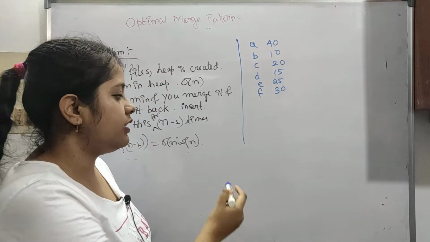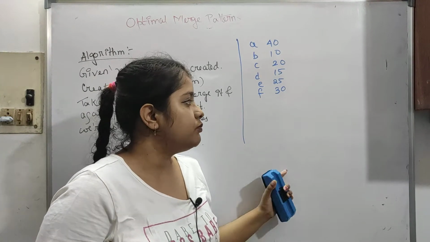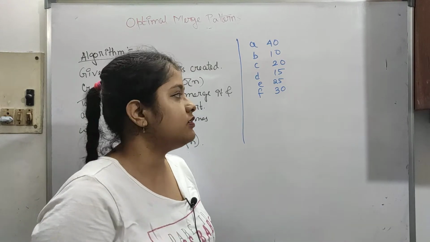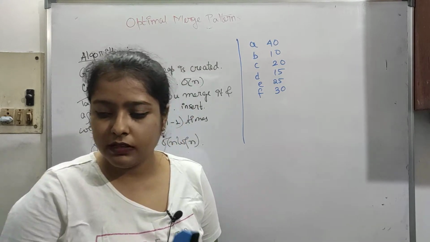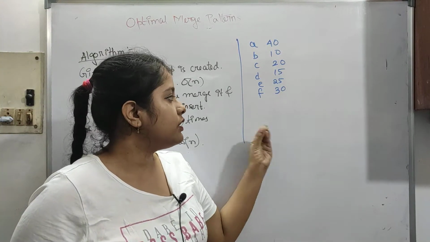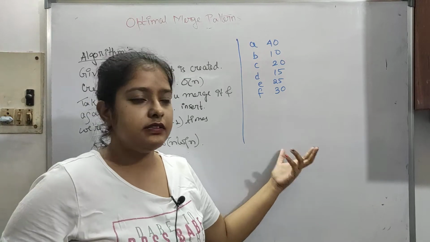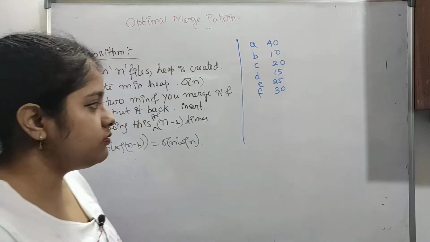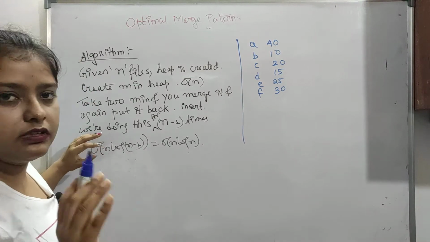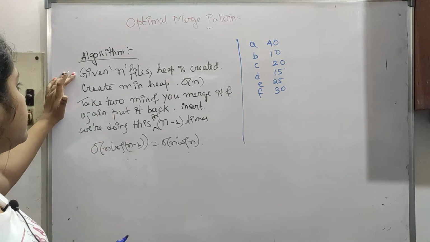Anywhere you can put left or right, it doesn't matter. The actual tree is not needed in this optimal merge pattern, just the answer is needed. So basically it is the same as Huffman encoding, nothing different. I have already done this algorithm in Huffman encoding, it's just similar to that only.